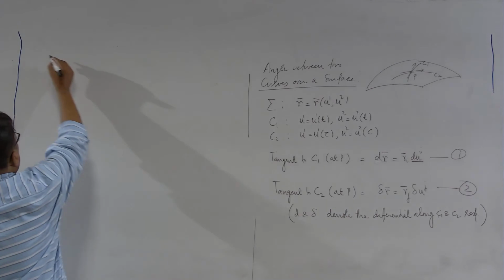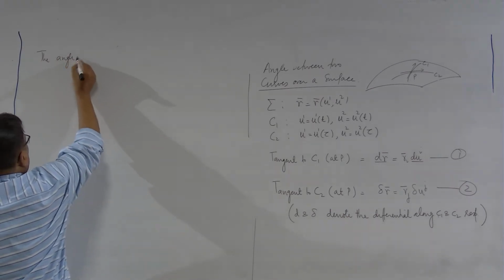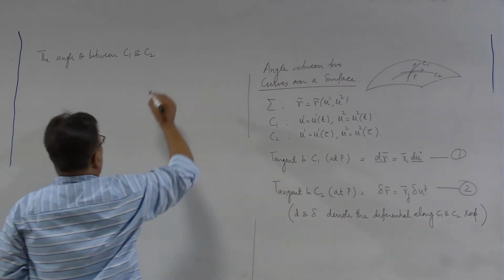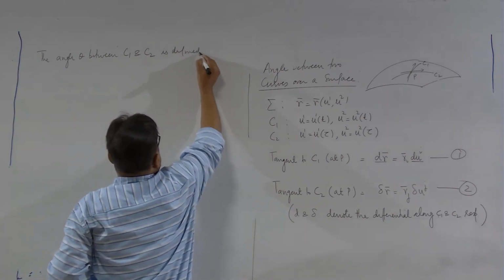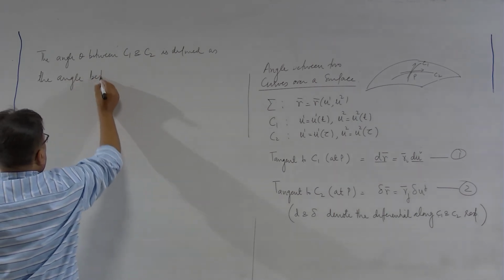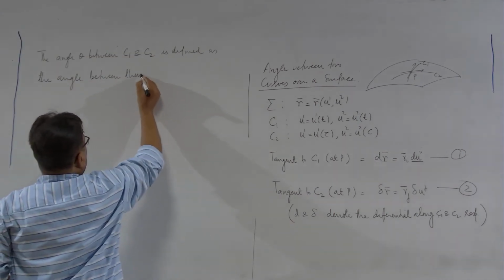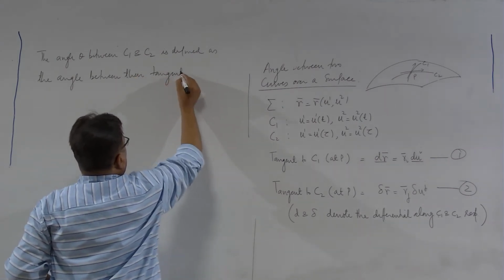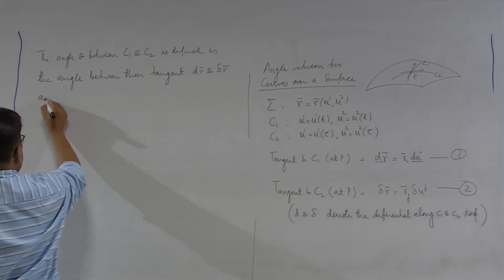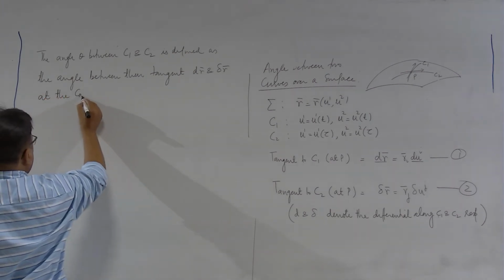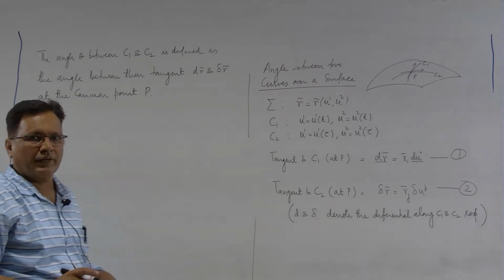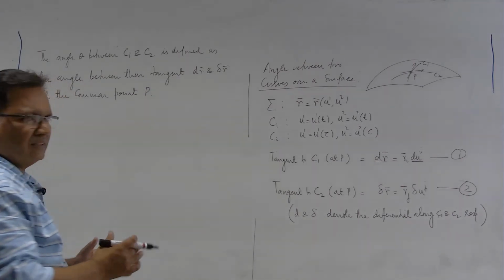So, the angle theta between the curves C1 and C2 is defined as the angle between their tangents dr and delta r at the common point P. So, we have assumed that these two curves intersect at certain point P, otherwise angle will not make any sense.